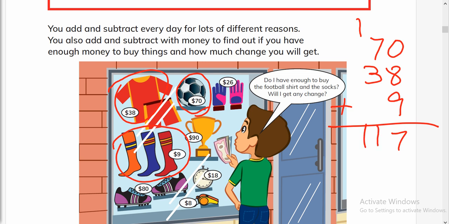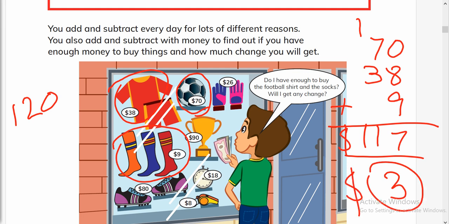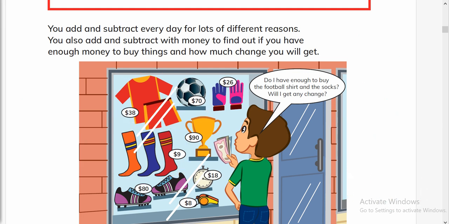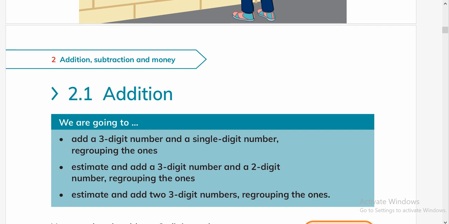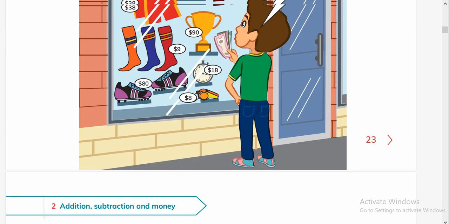It makes $117. So you'll check in your pocket, do you have $117? Or if you have $120, then how much change will you get? You'll get 3 as a change. Change means what you will get back in return after paying your bill.